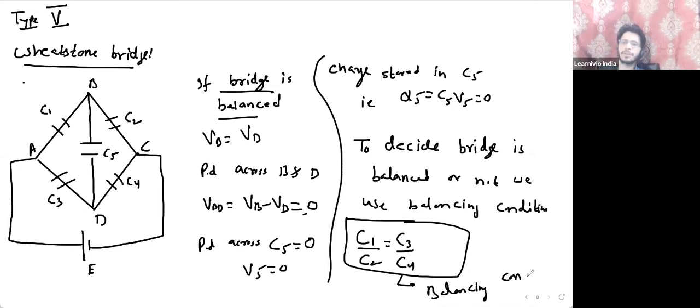We will derive this condition using resistors in the next chapter. But for the time being, I'll be using this condition directly. Bridge is balanced only if the ratio of C1 and C2 and C3 and C4 is same. If this ratio holds, then this thing holds. If this holds, then C5 is not useful in this circuit. You can remove the C5.